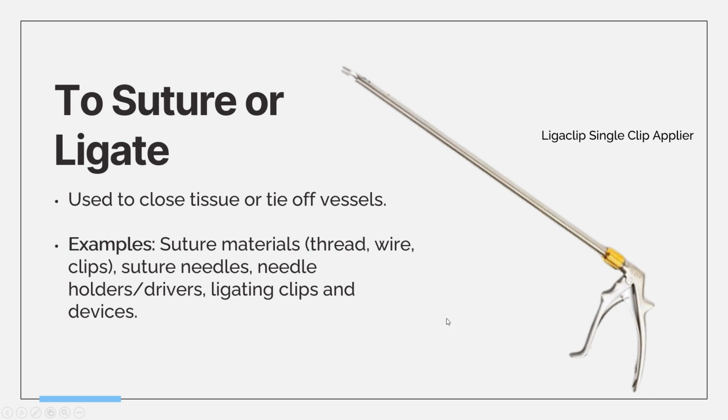An example shown here is a LigaClip single clip applier. The surgeon or scrub nurse would place a clip at the end, and as you can imagine, that's how they staple the surgical site. So they use a staple to close it off.